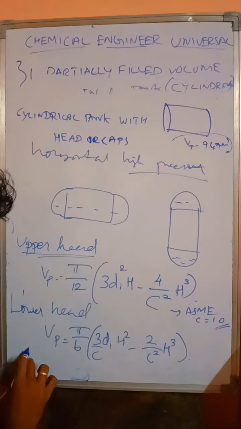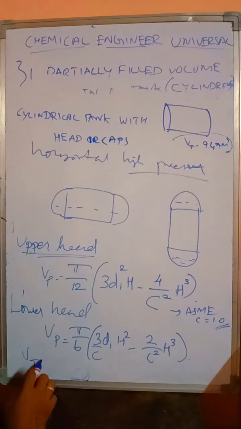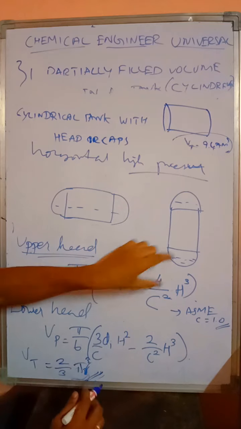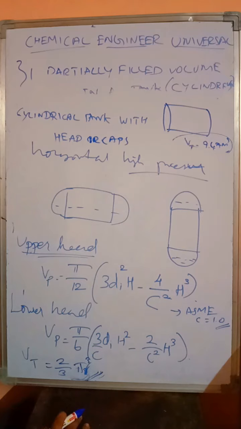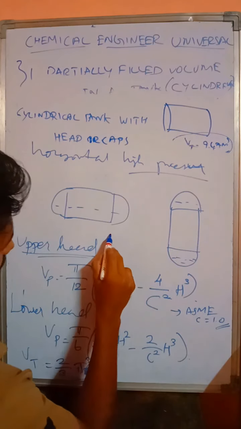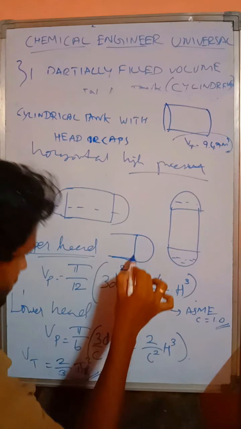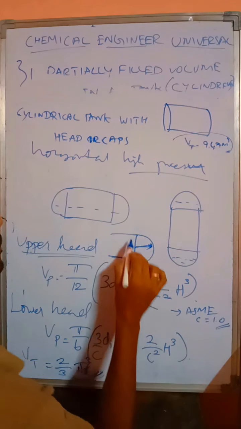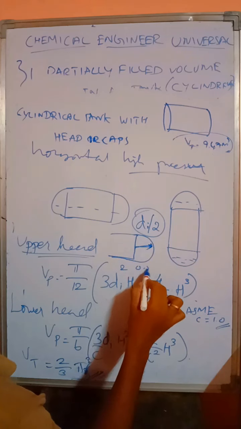Next, if you want to find out the total volume of the bottom sphere or upper sphere, the total volume formula is the same, 2 by 3 pi r cube, which is a universal formula. You know that. By using this formula, you can find the total volume if it is totally filled. And one more thing: in most cases, if it is a bullet or a tank of sphere type, the depth of the sphere will mostly be the dia divided by 2, 0.5 of the internal diameter.